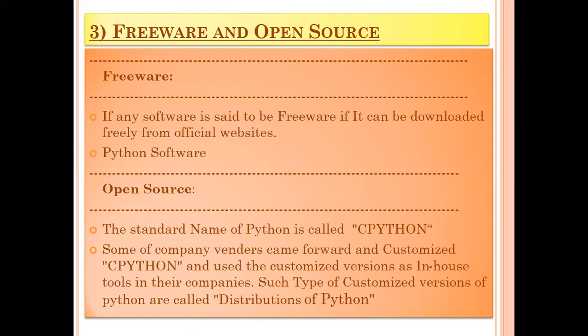Now we'll talk about open source. What do we understand by open source? Students, remember the standard name of Python is CPython. Some company vendors came forward and customized CPython and used the customized version as in-house tools in the company.